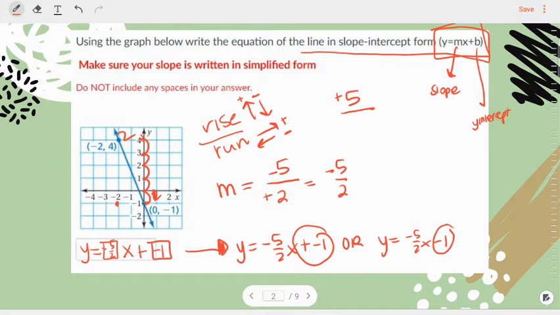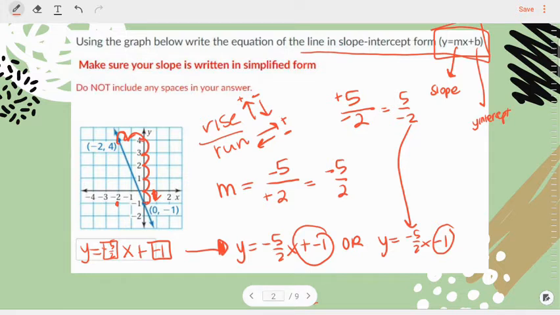And I'm going to count to the left 1, 2. Because I'm counting to the left, I have -2, which simplifies to +5 over -2, which is the same as -5 over 2. If I type that in my calculator, I'm going to get the same number, -2.5. So either of those answers will work.